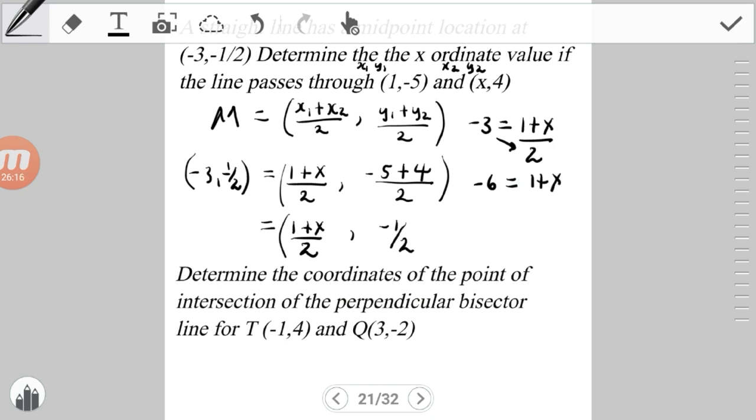So if we work this out here, you'll find that minus 6 take away 1 is equal to x. So the x-ordinate value here, which is going to be x2, is going to be equal to minus 7. So the value that would have to go here would have to be minus 7 for the midpoint coordinate to be minus 3, minus a half.